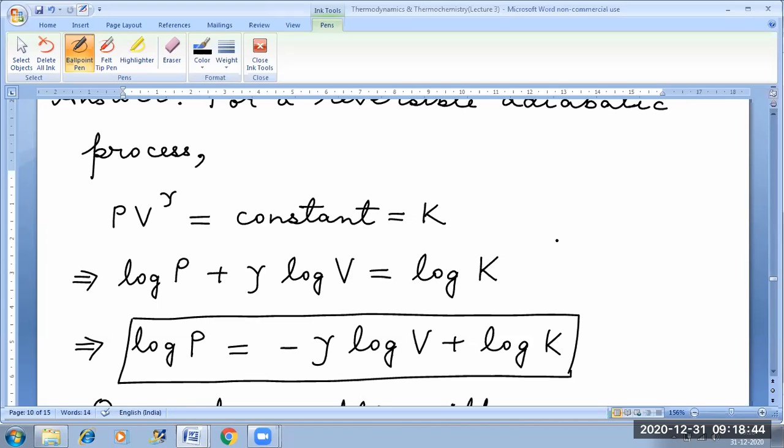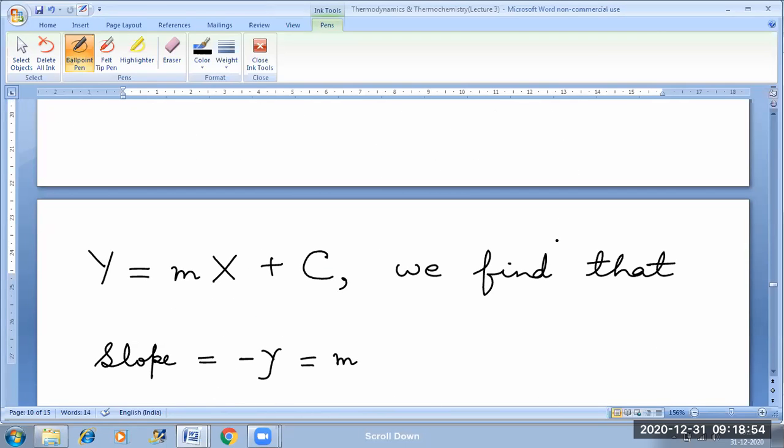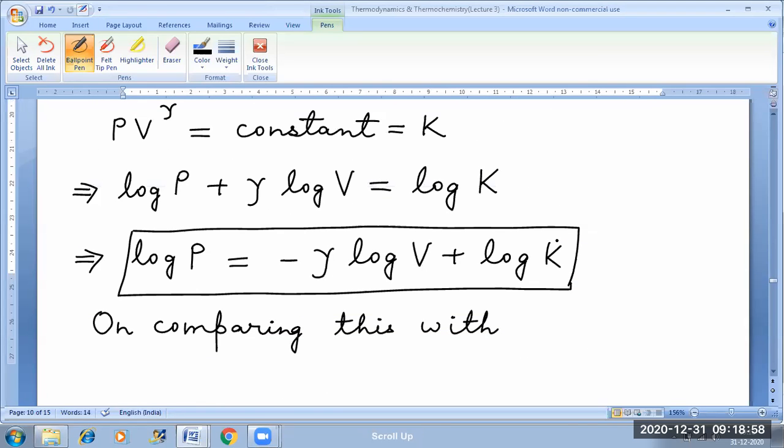If I compare this equation with y is equal to mx plus c, because y equal to mx plus c also represents a straight line, then I can say that the slope is equal to minus gamma. How minus gamma? Look at the term minus gamma log V. So if I say log P is equal to y and log V is equal to x, then m is equal to minus gamma and c, that is the intercept, is equal to log k.